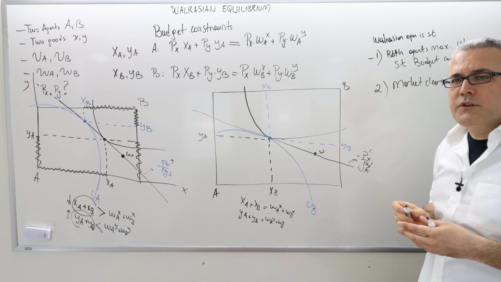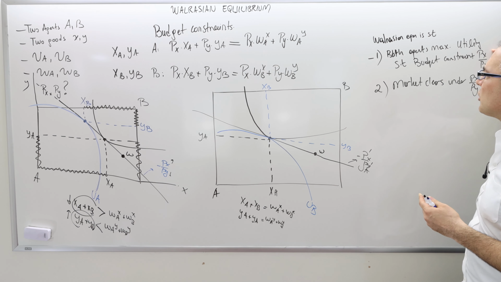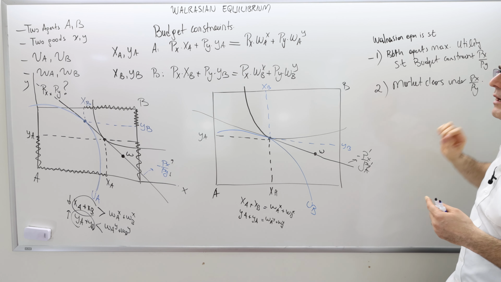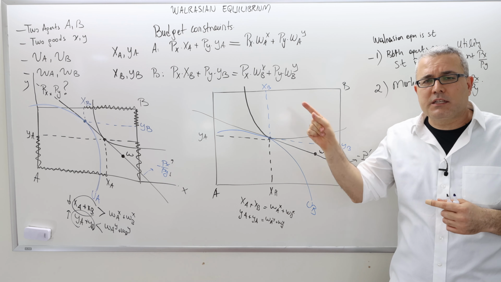So all we have to do is find this price ratio where both agents maximize their utility subject to the budget constraint and the market clears. All right, so let's solve an example.